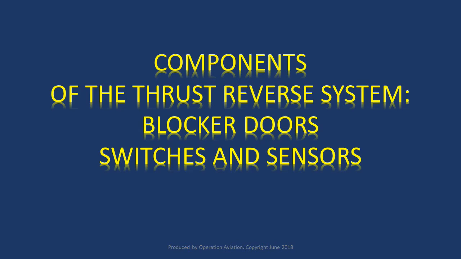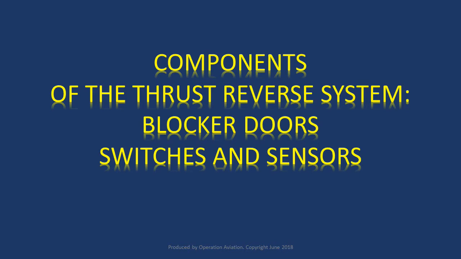You also have switches, because the doors are stowed so they are flush with the thrust reverser cowl itself. But when the plane is getting ready to land and makes contact with the ground, remember the landing gear control and interface unit, the LGCIU?